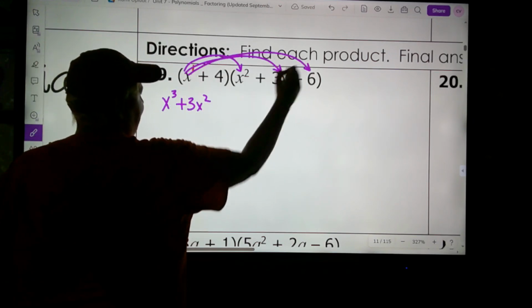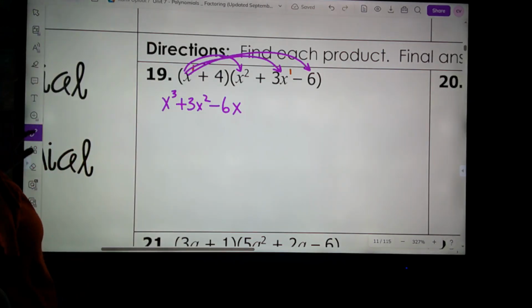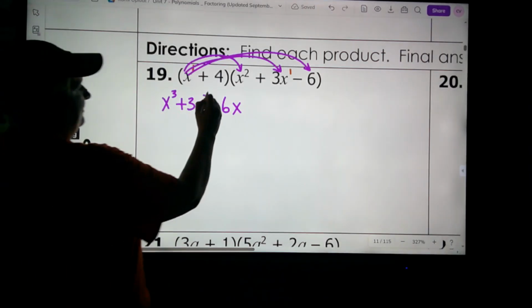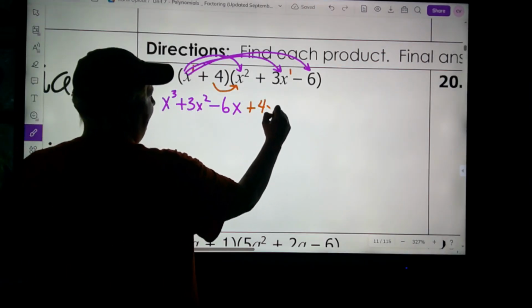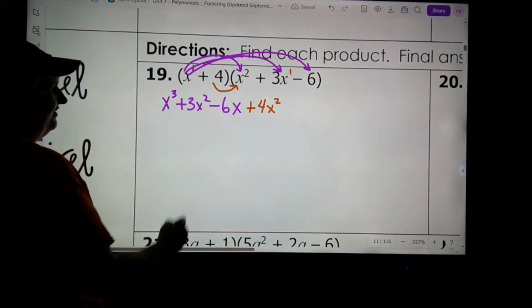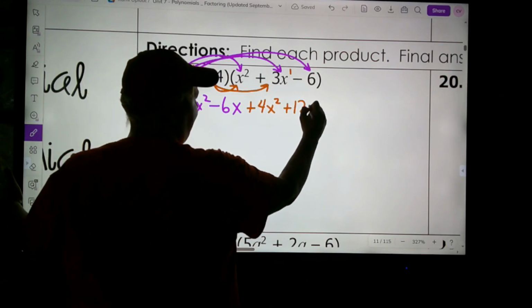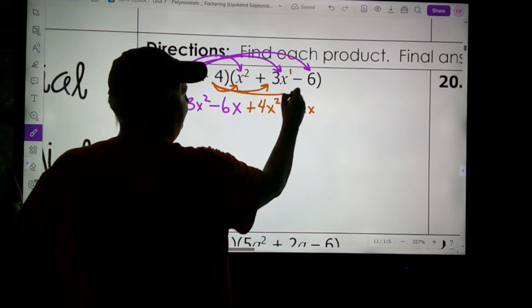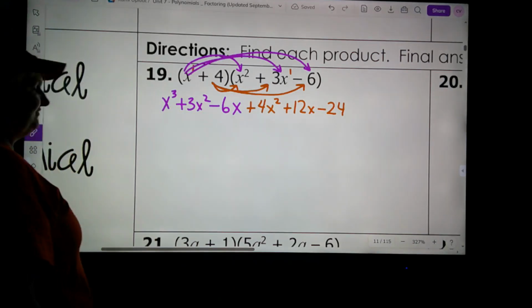X times negative 6, negative 6x. 4 times x squared, positive 4x squared. Positive 4 times 3x, positive 12x. 4 times negative 6, negative 24.